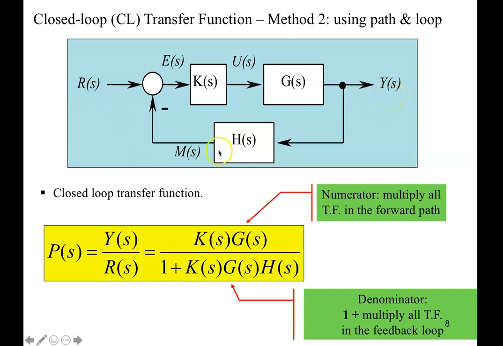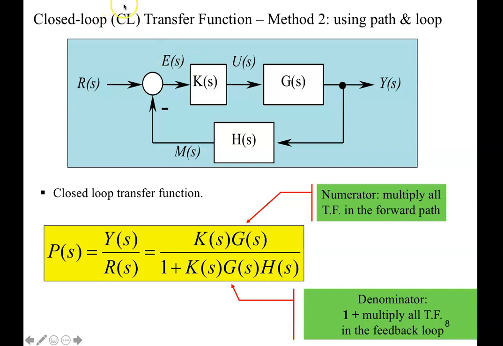So for the same system, if I have two other signals where I want to find the relationship between the input and output, the denominator term will always be the same because we only have one feedback loop. But the numerator changes according to whatever input and output we have.